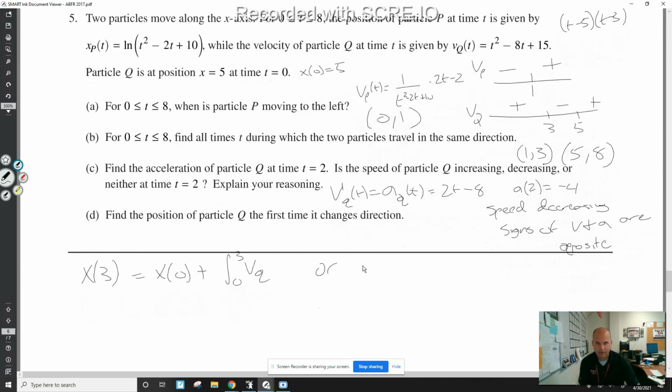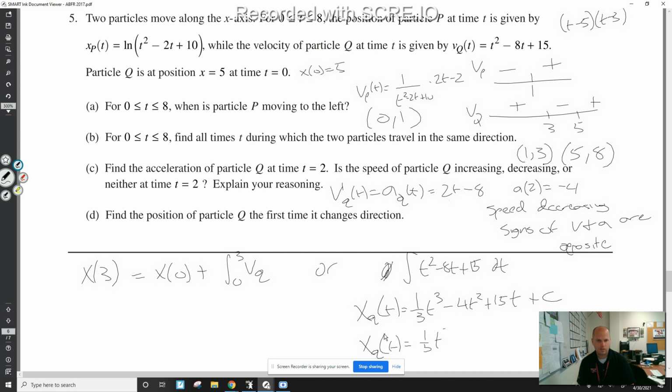So without a calculator, you could take the antiderivative of velocity and then find C to find your position function. 1/3 t cubed minus 4t squared plus 15t plus C would be my position of Q. X of 0 is 5, so C is 5. So x of t is 1/3 t cubed minus 4t squared plus 15t plus 5.